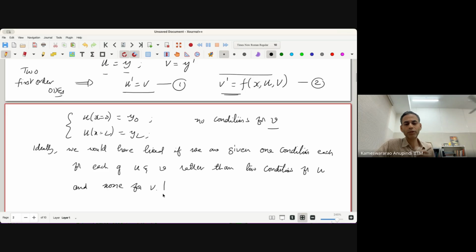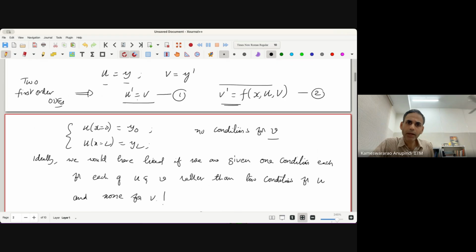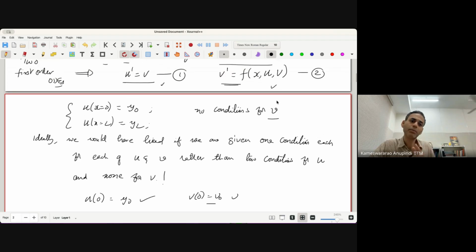Okay, so we don't like this. Rather, we would have liked to be given u of 0 equals some y0, and v of 0 equals some v0, right? Then we would know u at x equal to 0 and v at x equal to 0. We would have started our initial value problem with RK4 or RK2 and just solved everything. Okay. Unfortunately, that is not the case because this is not an initial value problem. This is a boundary value problem.